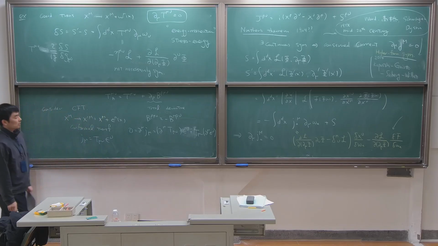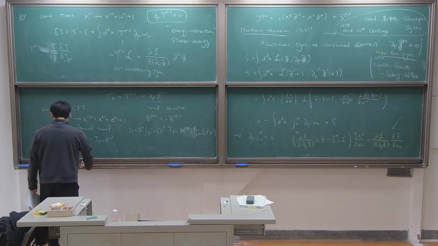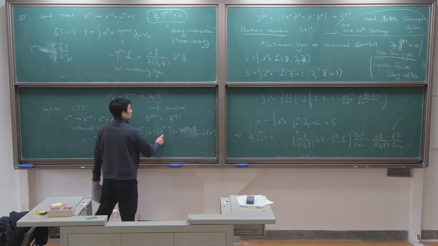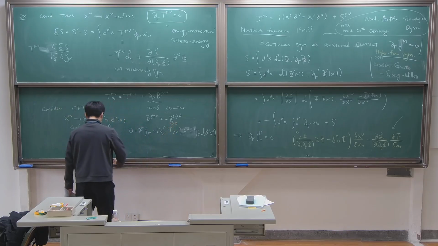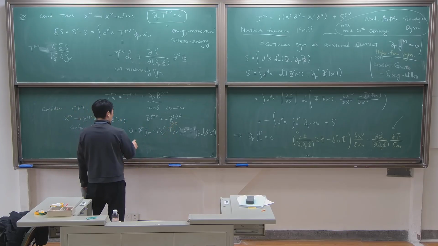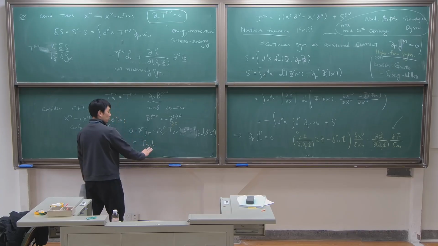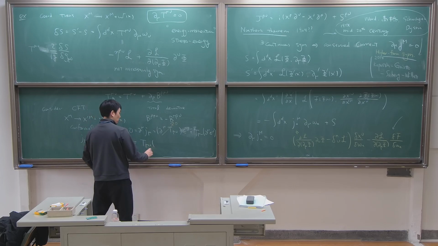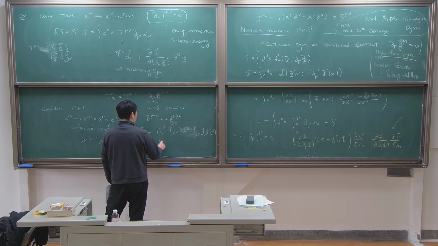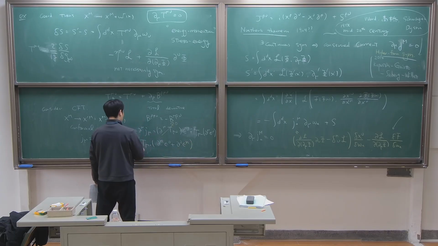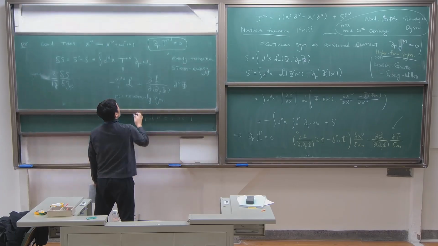We know this one is 0, this one is 0, this one is 0. Therefore the conformal transformation gives the following, and we assume T mu nu is symmetric. Therefore it becomes like this, with one half, in this way.